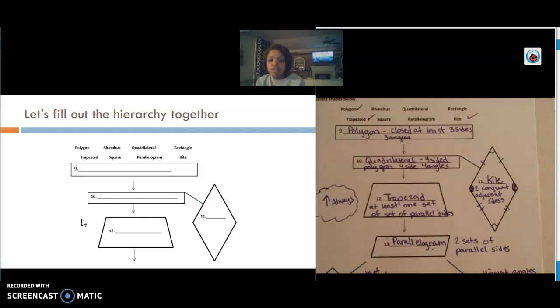You're also going to have to know that a parallelogram can be a trapezoid. You're going to have to know what a square can be, and can a rectangle be something other than a rectangle? So please make sure you listen to this video all the way throughout. Even if you think, oh, I've already heard this before, make sure you're really listening and you really understand this, because your assignment is going to be a little bit more difficult than you're probably assuming, okay?